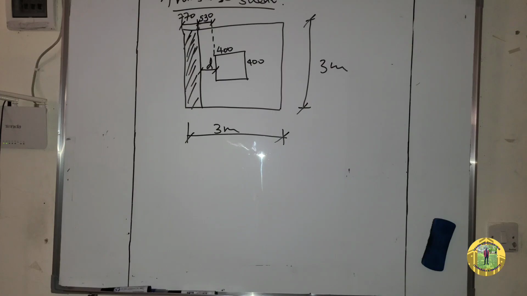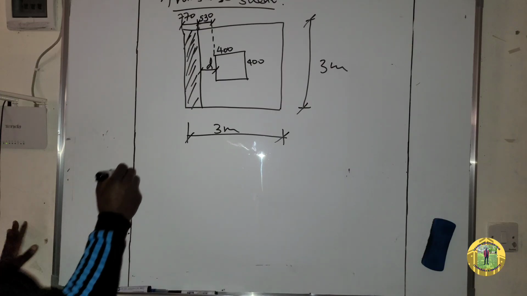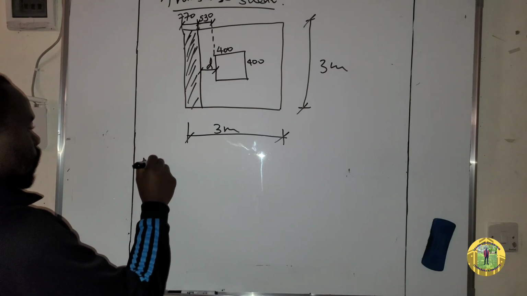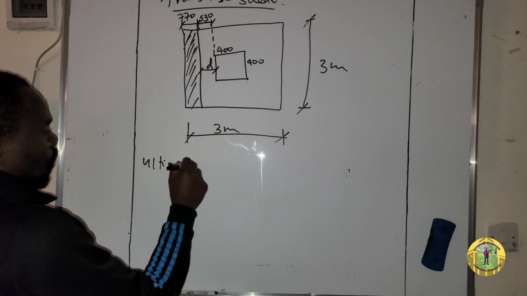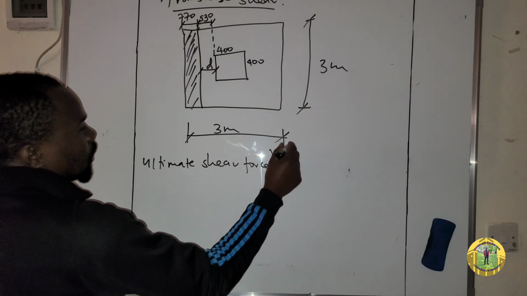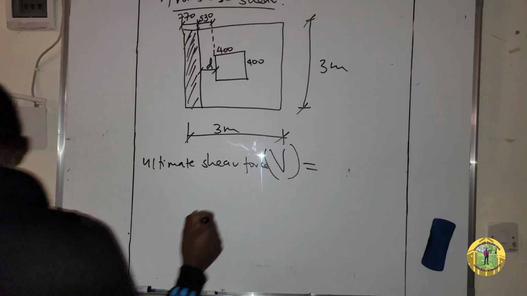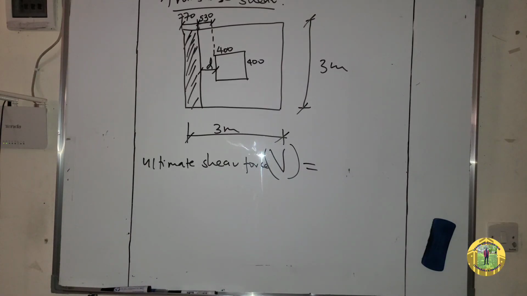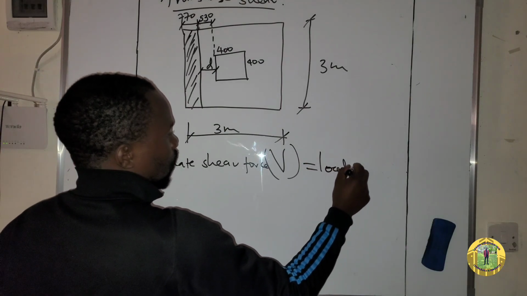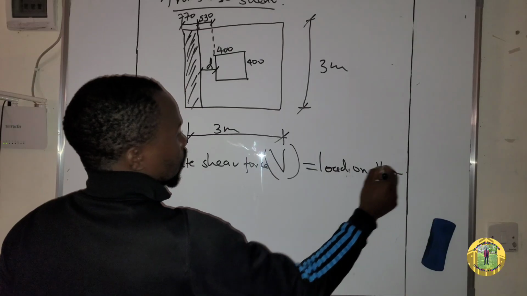The ultimate shear force, capital V, is equal to the load on the shaded area.